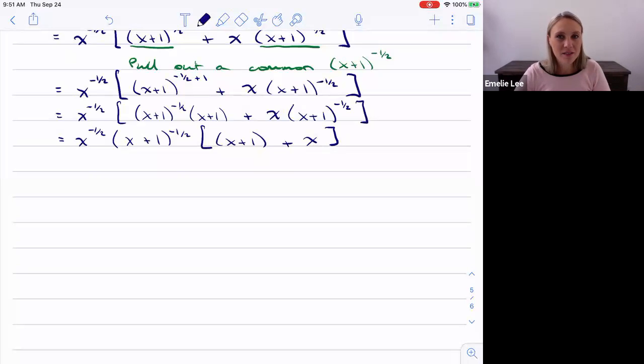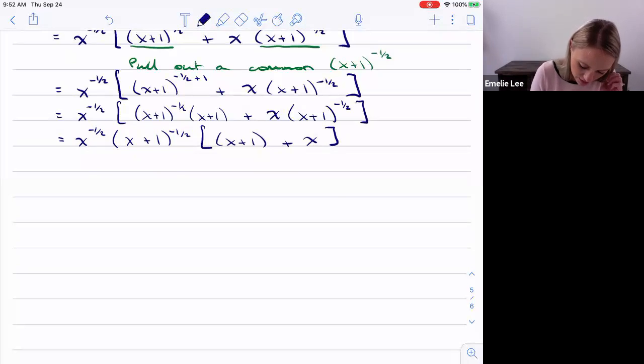But wait, there's more. We're not quite done. We can simplify this a little bit further because we've got the same power. By those exponent laws, as long as I treat x plus 1 as one thing, I can combine these under the negative 1/2 power.